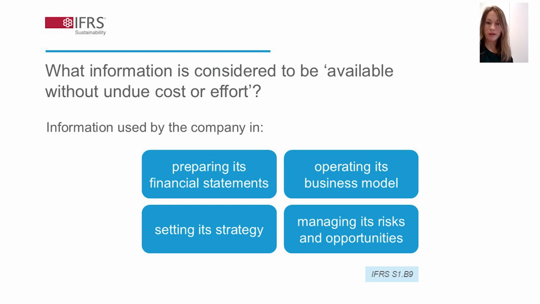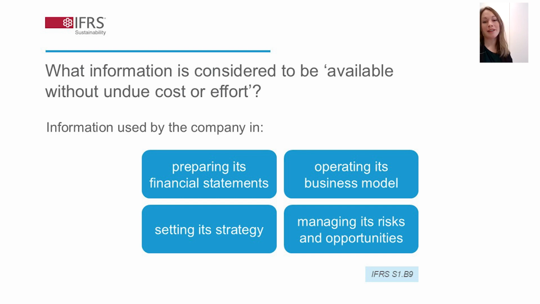As we noted earlier, the mechanism does not exempt a company from a specific disclosure requirement. A company cannot claim information is not available to meet a disclosure requirement. Companies are required to use information that is available to them to meet disclosure requirements, but not only that available without undue cost or effort.